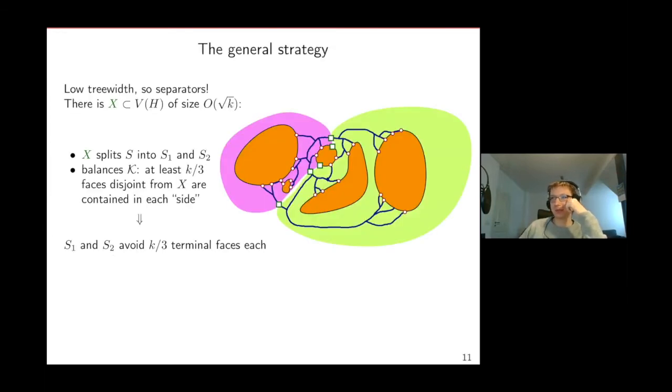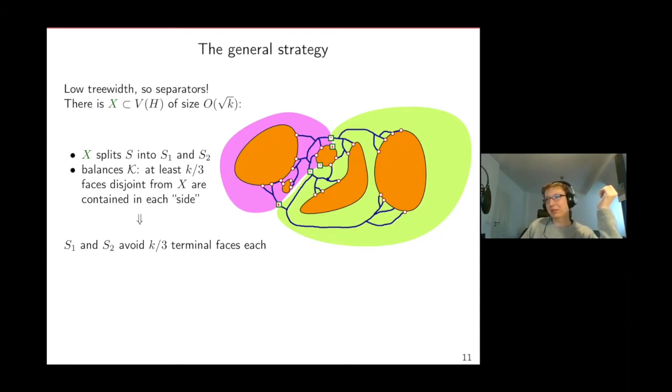So here's what I want to achieve. I want to, first of all, find this vertex set capital X. And here in the picture, I used these green squares to denote capital X. So first of all, I will split the solution tree S into 2 parts, into forests S1 and S2, which is not surprising.